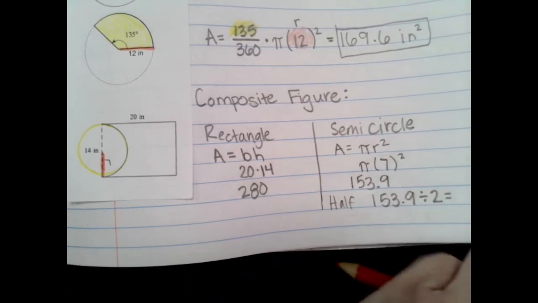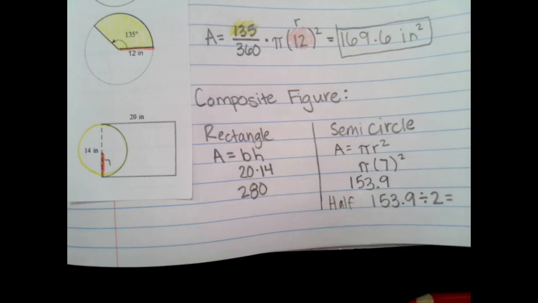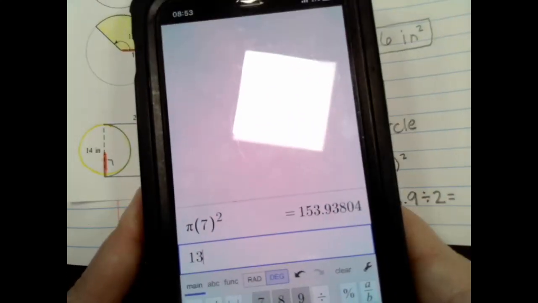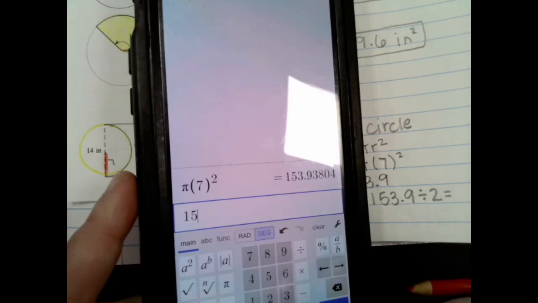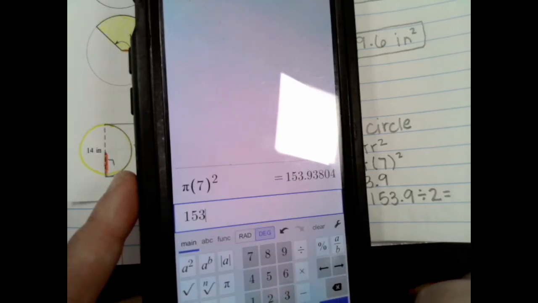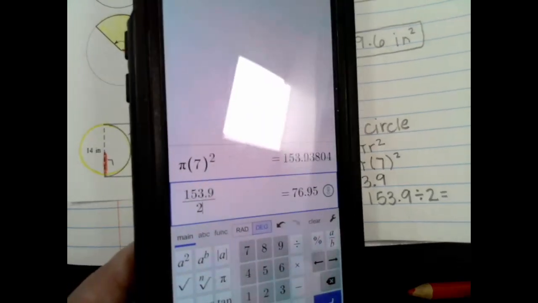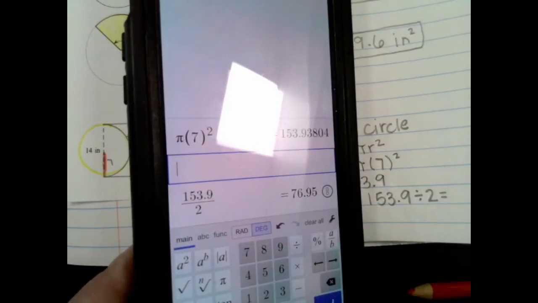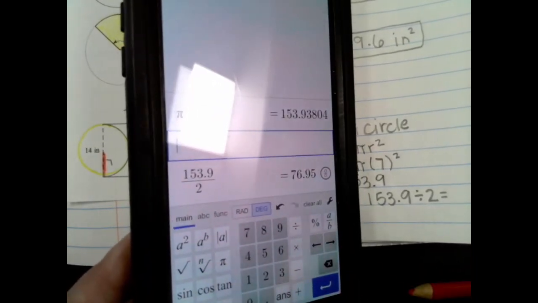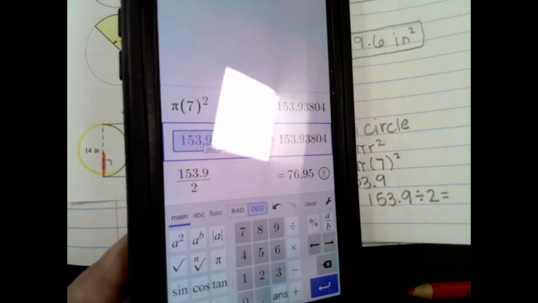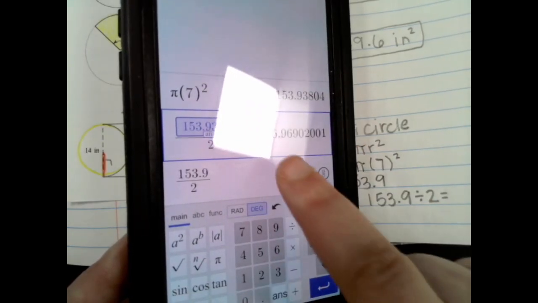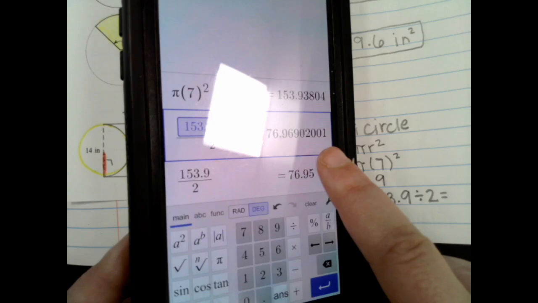Now here's a little bit that's a little goofy, depending on how you type it into your calculator, if you rounded it already. If I type in 153.9 divided by 2, my answer is going to be 76.95. But if I had hit this button down here that says A and S, that takes this whole answer, and then divided by 2, I get 76.96.